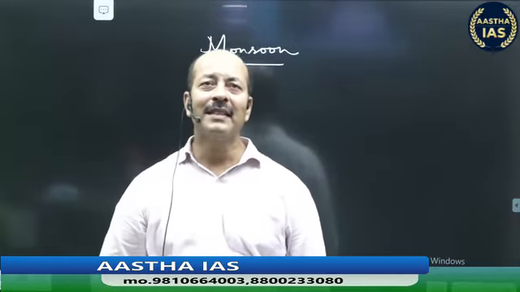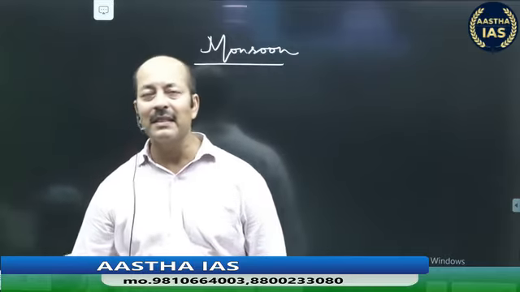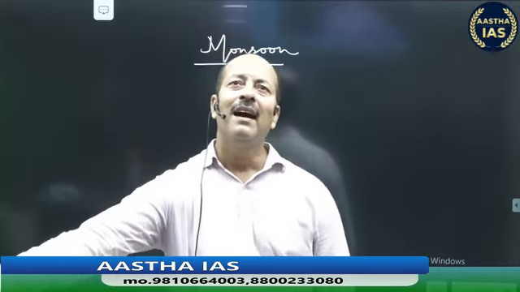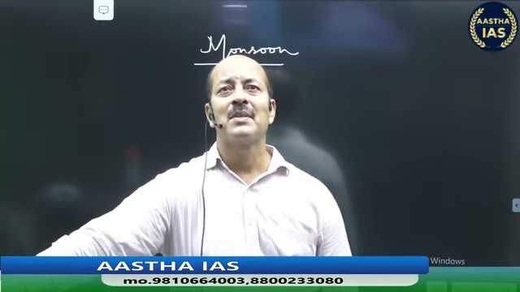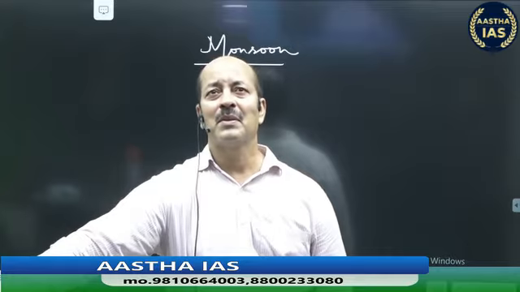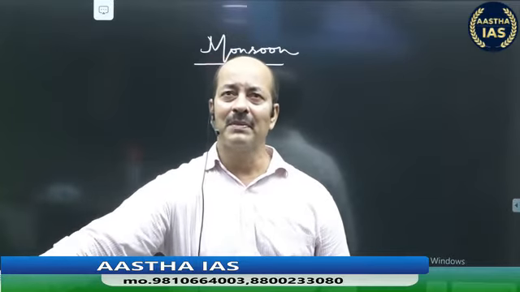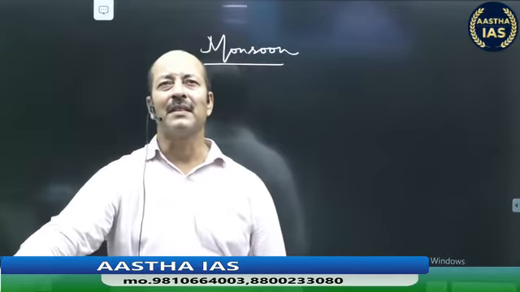I narrated yesterday that in summer, the wind blows from the Indian Ocean to the Indian subcontinental area, and in winter, as India has high pressure, the wind blows from the Indian subcontinental area to the oceanic area. So it was a reversal of wind, the change in direction of wind with the change of season.